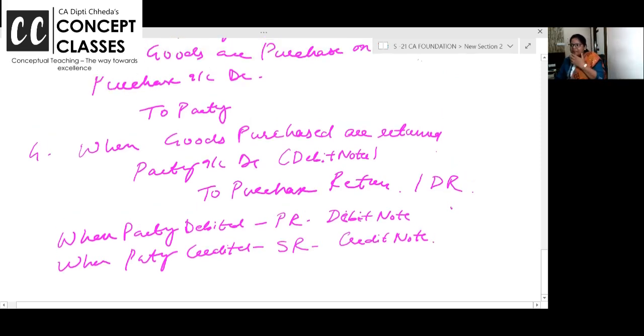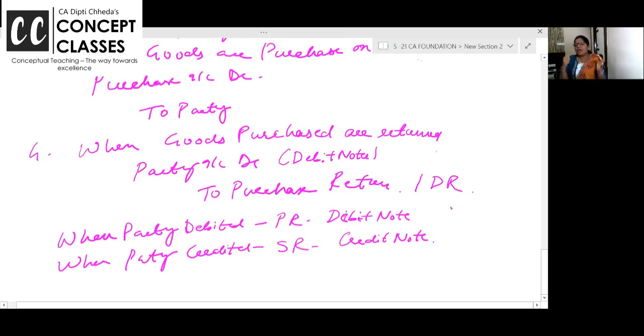How is this concept? When party is credited, credit note. When party is debited, debit note. Is this booster note clear or not?